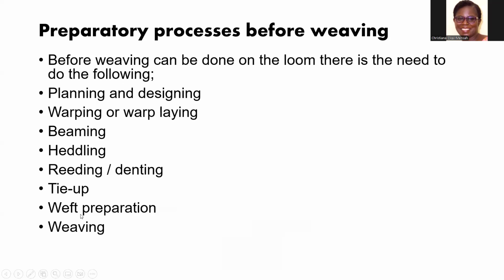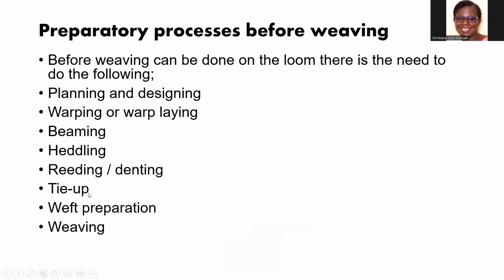So these are the 8 preparatory processes that one must go through before weaving can be done on the loom. So first is the planning and designing. After planning and designing, you do your working or work laying till you have finished the book work. So you take it to the practical. Then after working, you do beaming, heddling, reading or denting. Then the tie up.